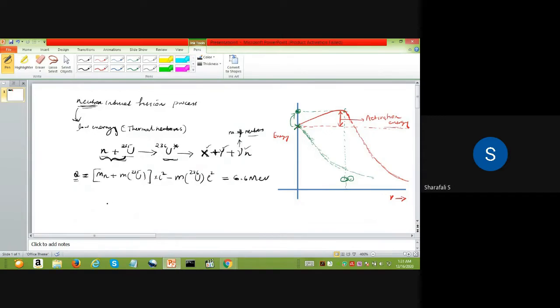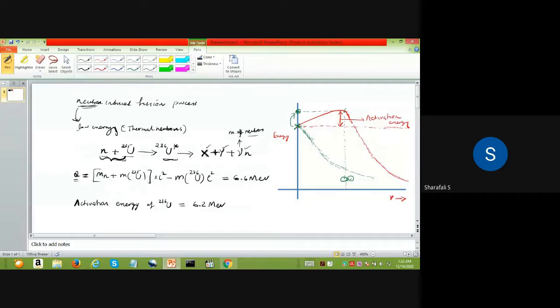Now if you want to know the activation energy for this particular uranium 236 nucleus, that is found to be somewhere around 6.2 mega electron volt.